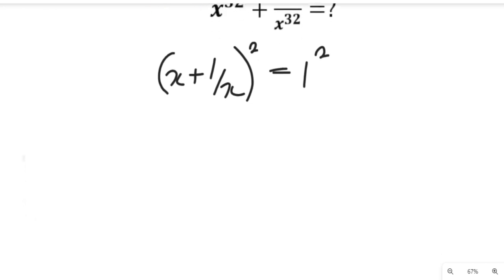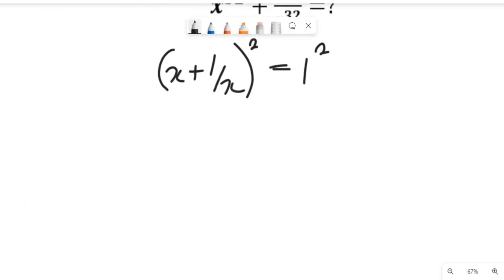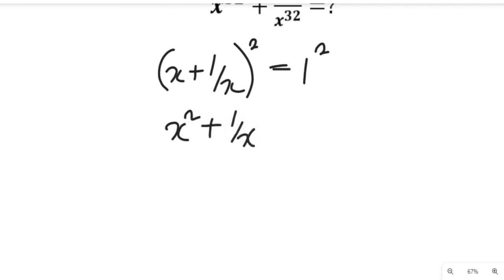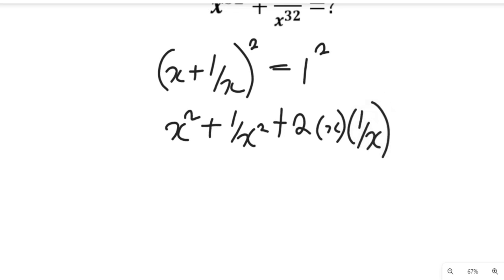Now if we simplify the left hand side, we are going to find the first term squared to be x squared plus the second term squared is 1 divided by x squared, and this will be plus 2 times the first term multiplied by the second term, and this will be equal to 1.